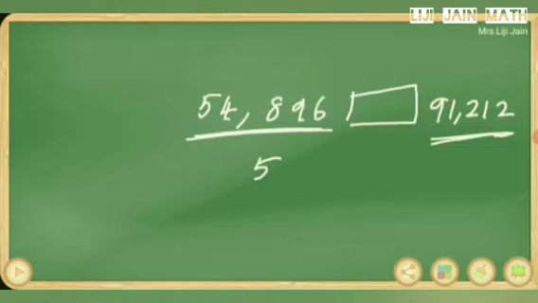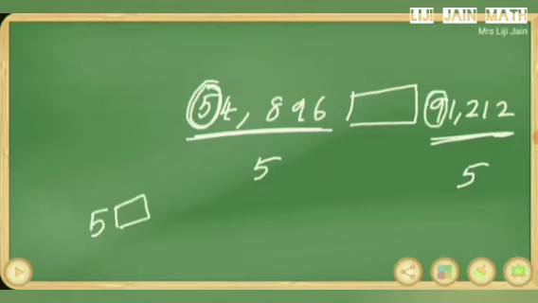The second number also has 5 digits. Now we have to compare these two numbers. First consider the first digit of this number. Which is the first digit? 5. And the first digit of the second number? It is 9.